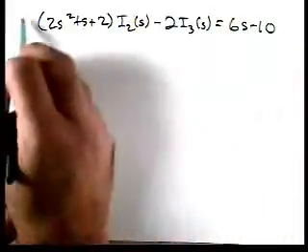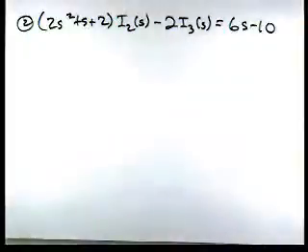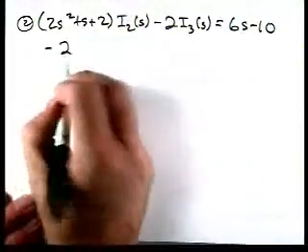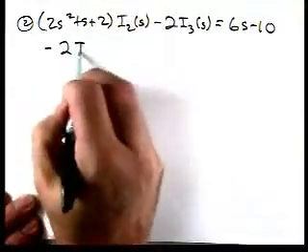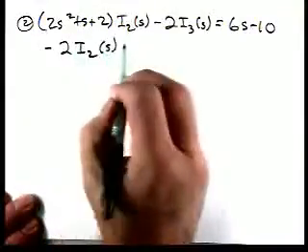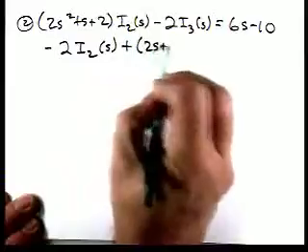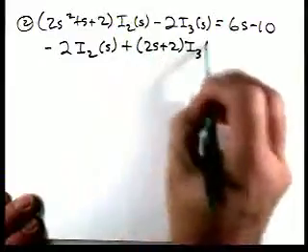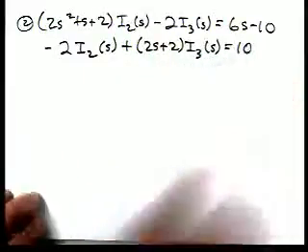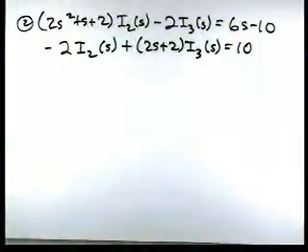So here's equation 2 modified. Now let's work on equation 3. If we multiply through by s, it becomes minus 2I2 plus (2s plus 2) I3 equal to 10.